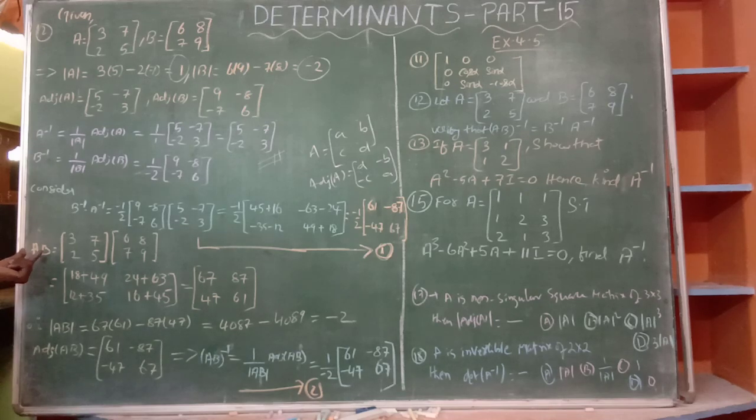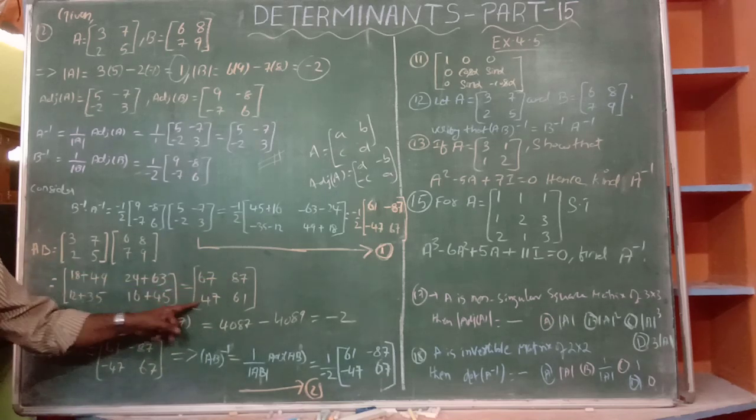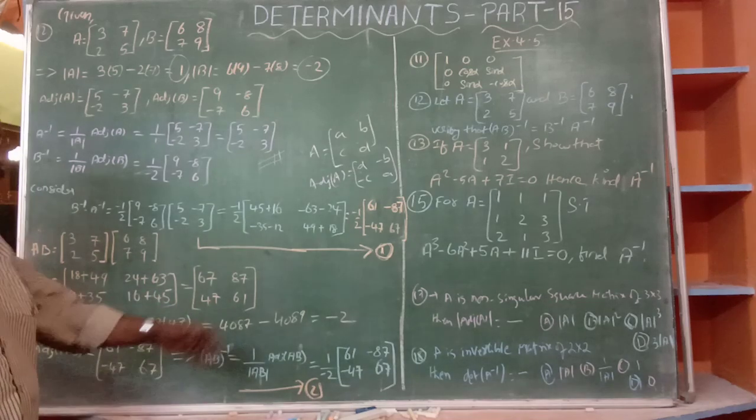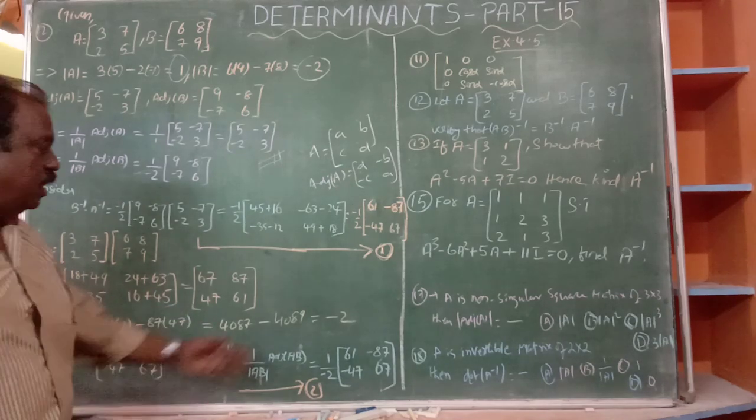Now AB is again a matrix, say X. What is the determinant of this matrix? 67 into 61 minus 87 into 47. We get 4087 minus 4089, which is minus 2.